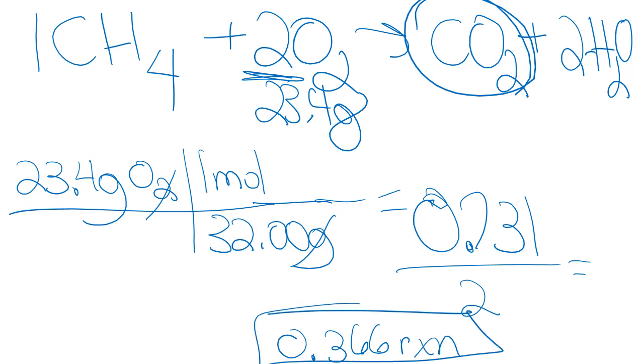So this ends up being the limiting reagent, the one that runs out first, or the one that has a lower number at this point. You can label CH4 as the excess reagent, and the only thing we care about is the 23.4 grams of oxygen.